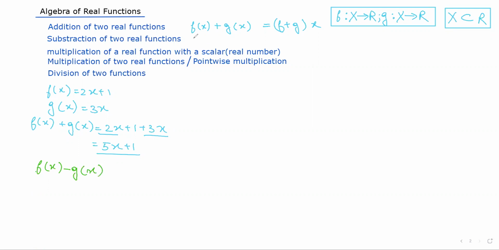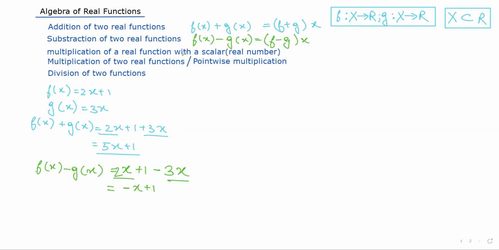That's how it's represented, f of x minus g of x, or you can combine them to say f minus g of x. First function as it is, minus second function. Since the second function is a single variable, single term, you can easily change the sign and write it like this. Like terms, after calculation, you'll get minus x plus 1.